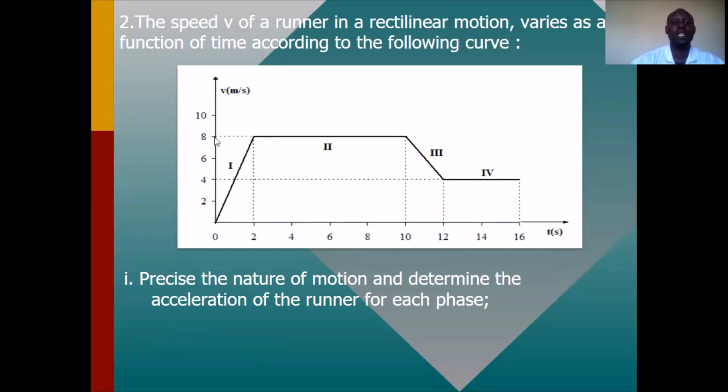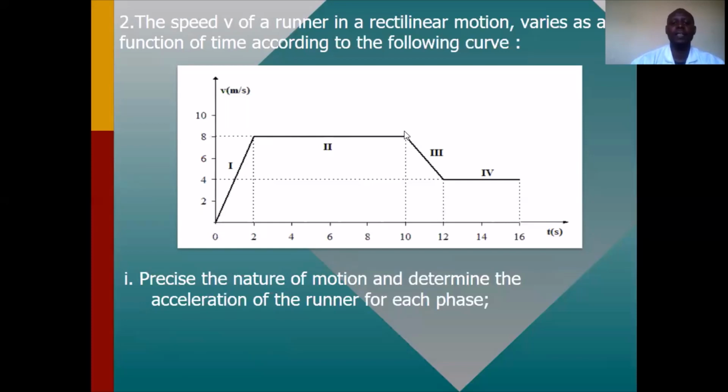If the final speed is greater than the initial speed, the acceleration is positive and we have uniformly accelerated rectilinear motion. If the speed is constant, like the second phase, the initial speed is equal to the final speed, 8 meters per second. Here we have no acceleration.